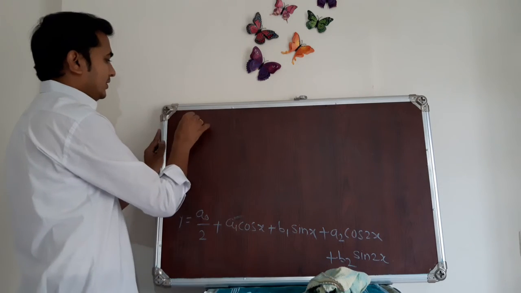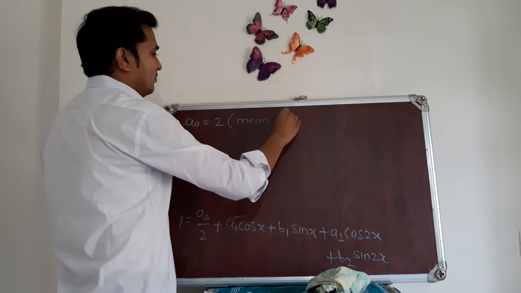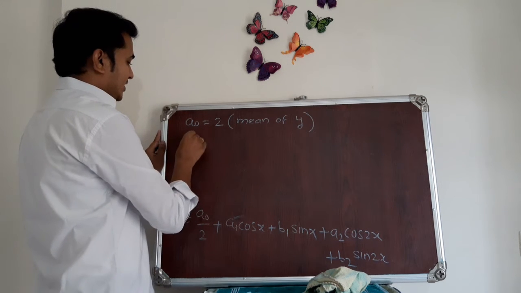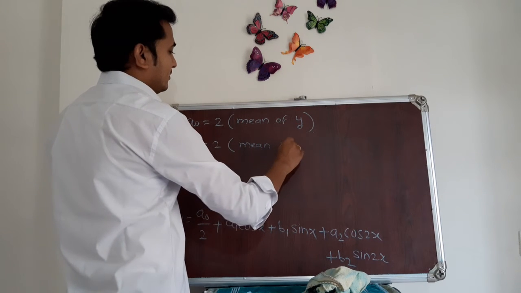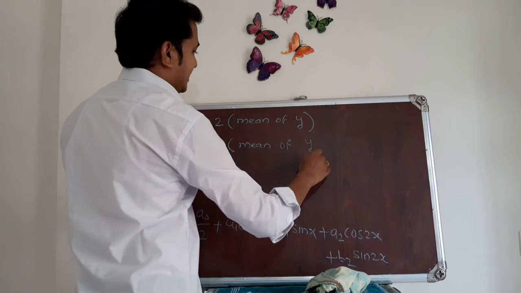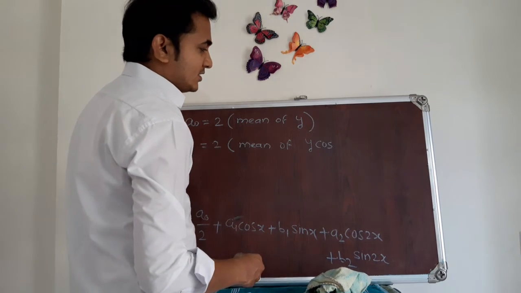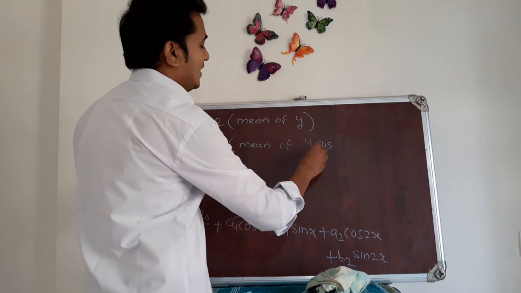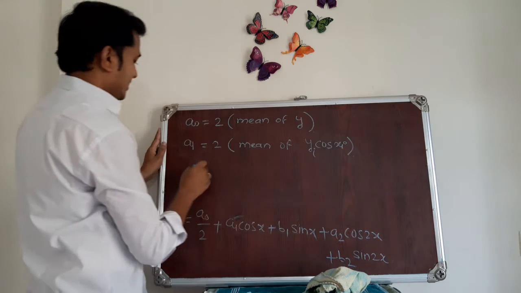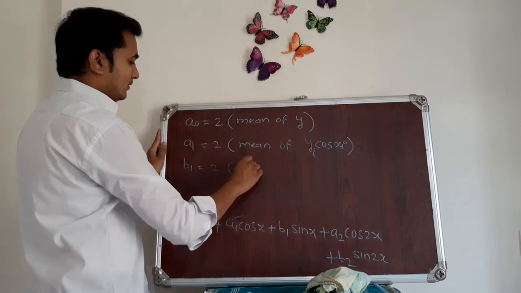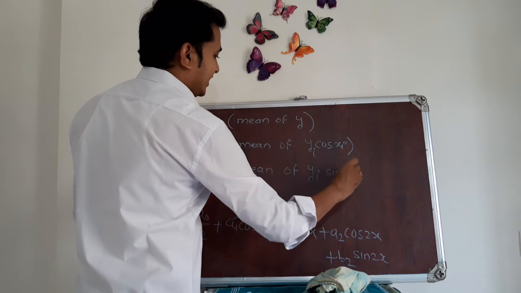What is a0? a0 is 2 into mean of y. a1 is 2 into mean of y cos nπx upon L. L is π, so y cos xi. b1 is 2 into mean of yi sin nx, n is 1.